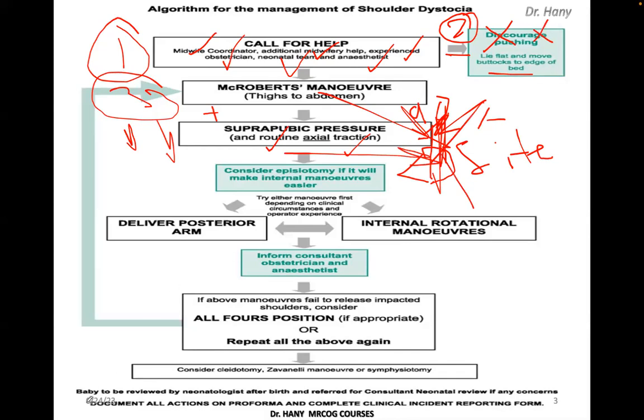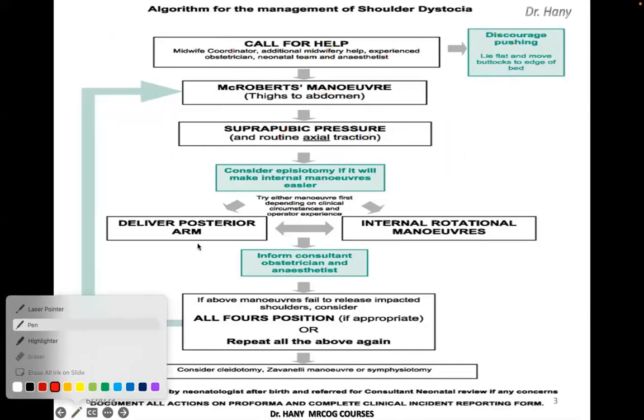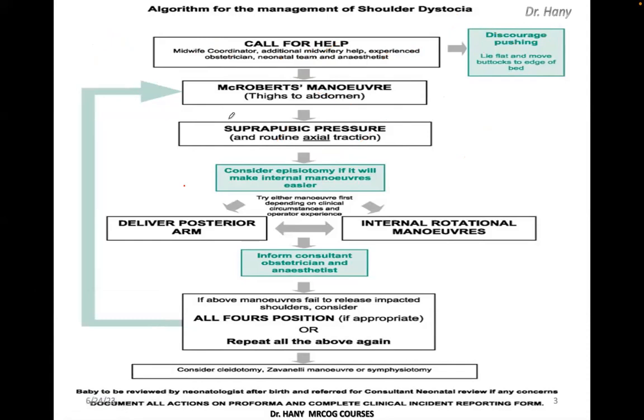All these are safety points and a lot of important points to consider. Suprapubic pressure, continuous or rocking, from the side of the fetal back to reduce the bisacromial diameter, or the shoulder diameter. Routine and axial traction. Routine means not excessive. Axial means straight.